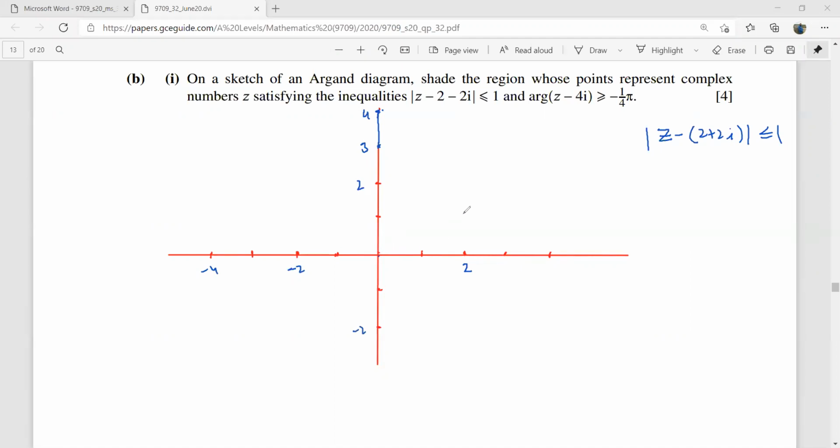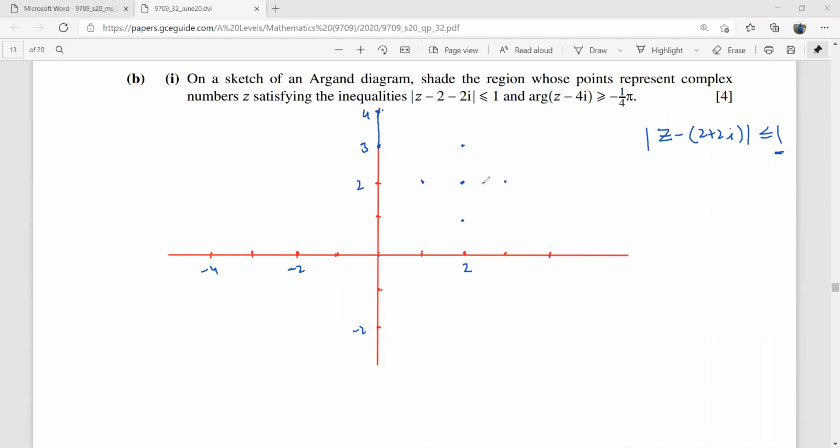Acha. So 2 plus 2 iota is the center of this circle. If you have got it scaled, you will have it exactly. Now the radius of the circle is 1. So please show a point at a distance of 1 to the left, 1 up, 1 to the right, and 1 down.